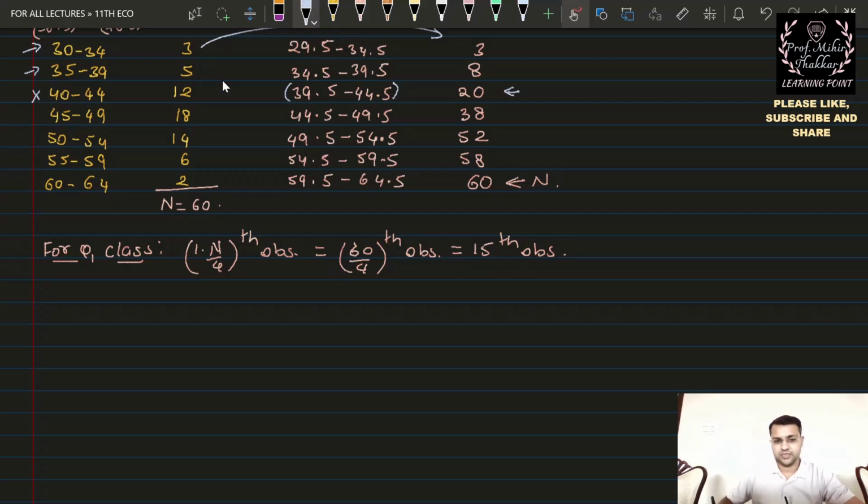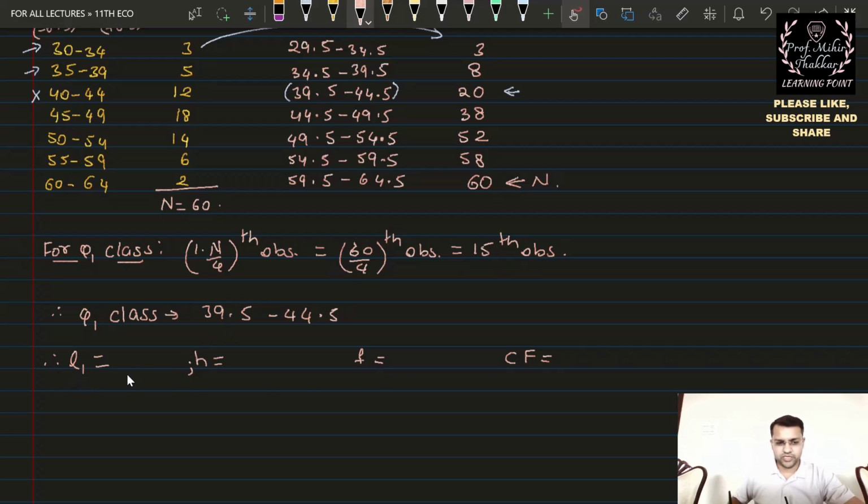Okay, friends. So Q1 class is 39.5 to 44.5. So search for all the information that we can get from here: L1, H, F and CF. What is the L1 value?